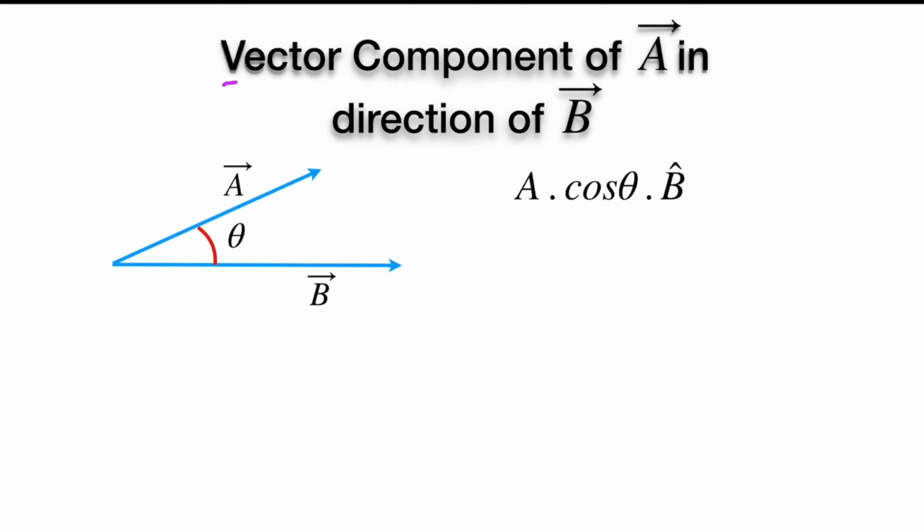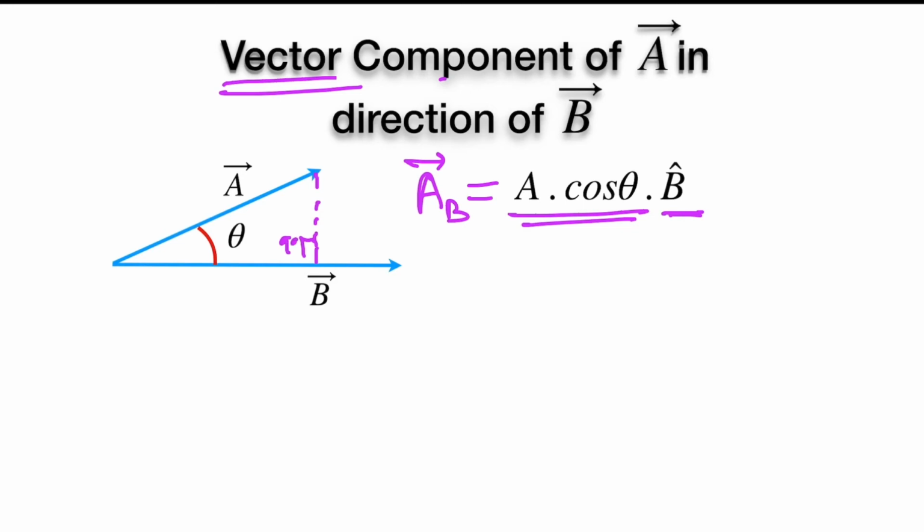Now let's see how we can find out the vector component of vector A in the direction of B. You can write the component of vector A in the direction of B as A cos theta B cap. A cos theta gives you the component, with the 90 degree here. A cos theta is the magnitude of the component of vector A in the direction of B, which is multiplied by the direction of B and gives you the vector component.